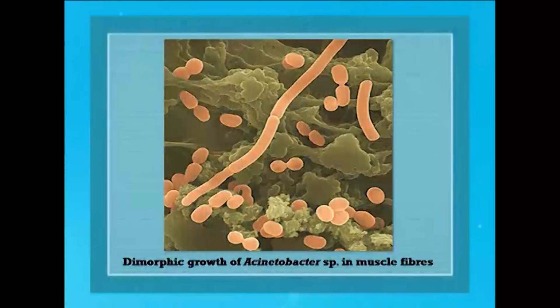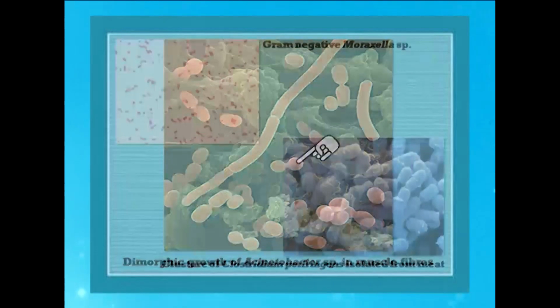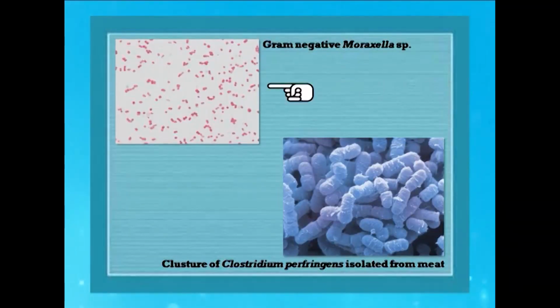Like here in the muscle fiber, you can have Acinetobacter, which is rod-shaped, and the round or small rods, which are some sort of dimorphic growth. There may be gram-negative Moraxella or Clostridium perfringens also causing the contamination of meat. And mind you, these organisms can grow at very low temperature, causing contamination or spoilage.